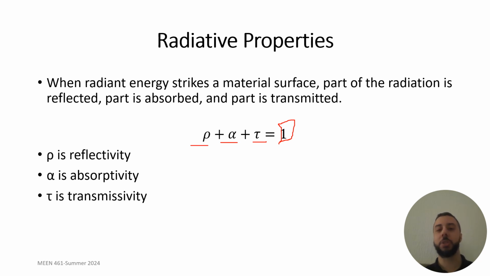Some percentage is reflected, some percentage is absorbed, and some percentage is transmitted through the material. And as you know, the sum of percentages should add up to 1. We'll talk about reflectivity, absorptivity, and transmissivity on the next slide. There's a good image that shows you what they physically mean.